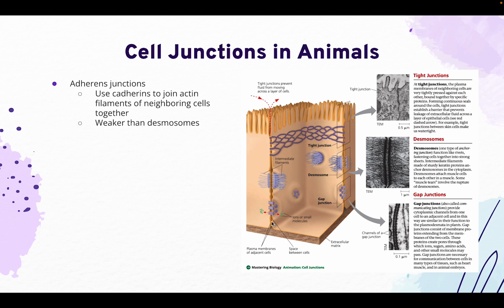So right here. And the last thing I wanted to mention isn't in this picture, but they're called adherens junctions, and they use these proteins called cadherins to join the actin filaments of neighboring cells together. So it's basically a desmosome, but with actin. And they are notably weaker than desmosomes, because like we mentioned, keratin is incredibly strong.